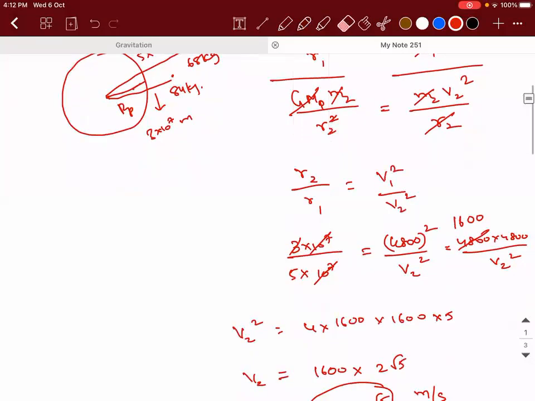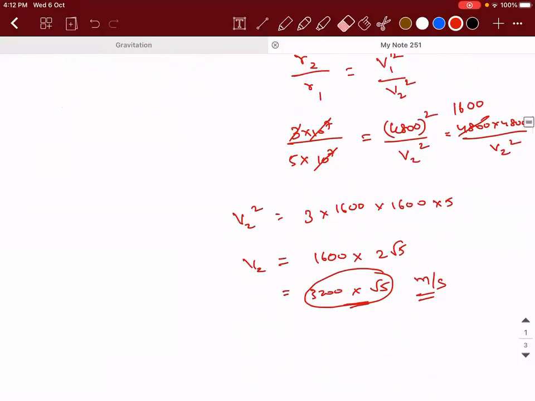My mistake. 1,600 into 3, no. So it is not 2 root 5. It is rather root 15. So 1,600 into root 15 will give you the answer. What is root 15? Approximately 4, no? 3.9 something. Sir, I'm getting answer as 6,196. Okay.